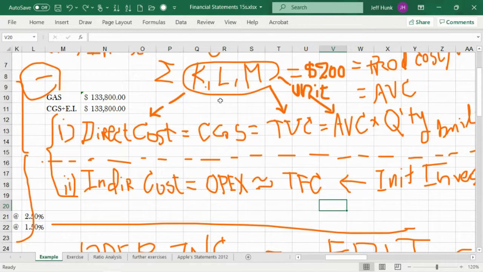And labor is a little difficult because there are two things you can do. You can double the hours of these production workers, or double the number of them.